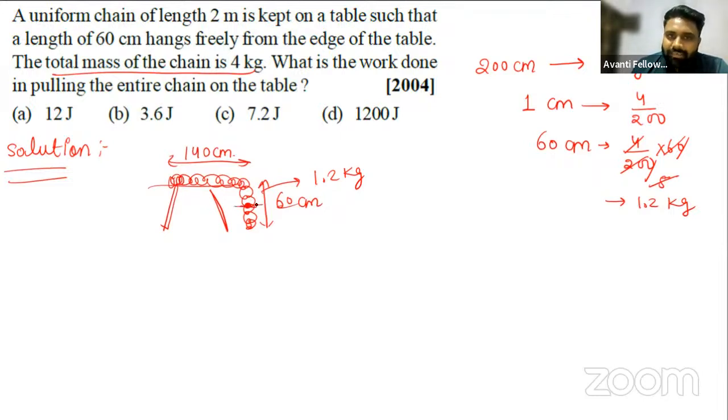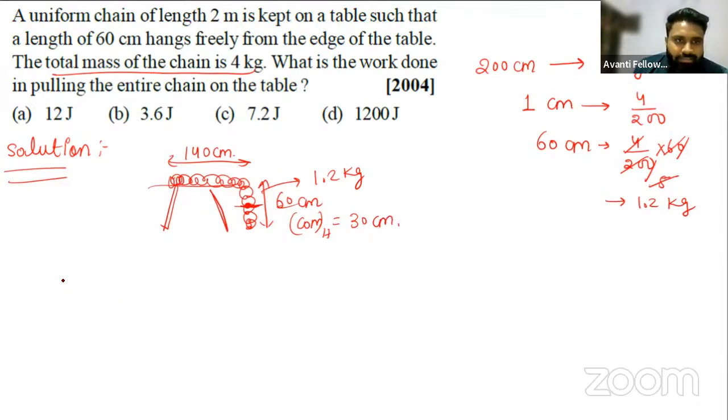So it is exactly at the mid portion. You will see that the center of mass of the hanging part will lie at half of this, which means half of 60 centimeter is 30 centimeter.